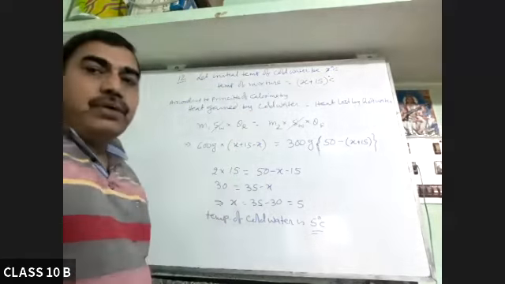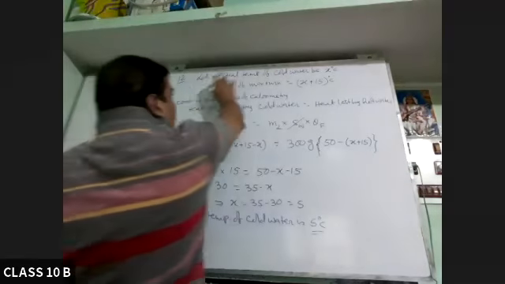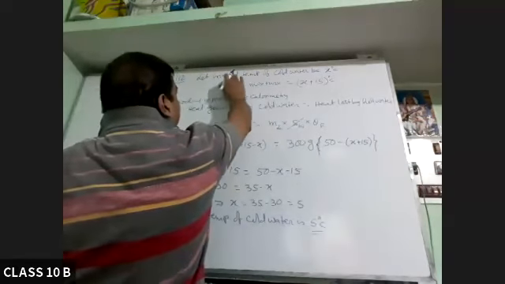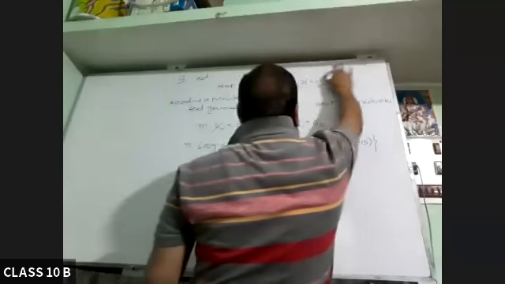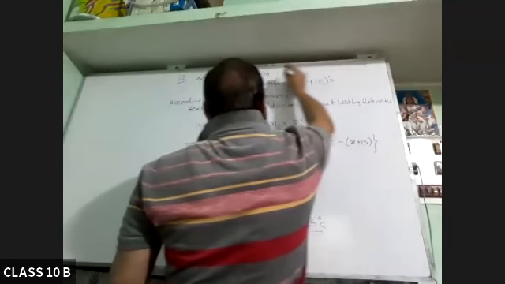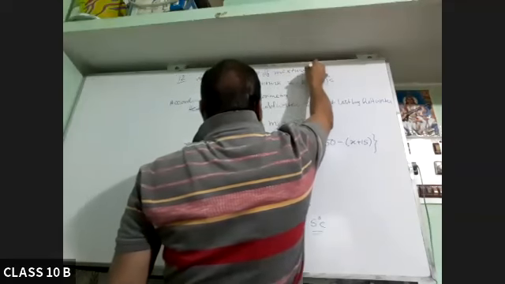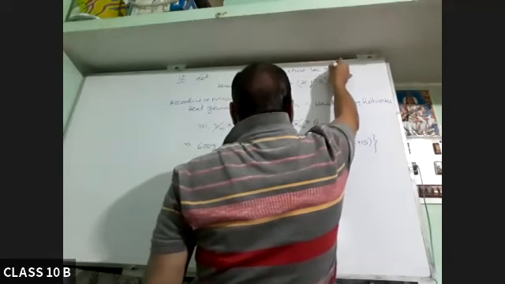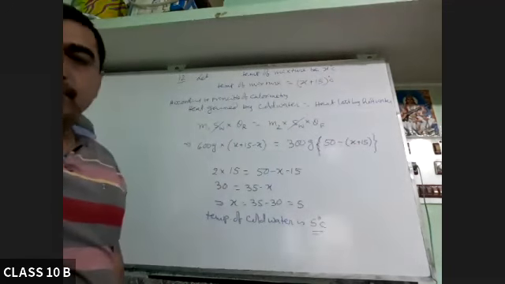Now there is some other way also. Suppose in place of this, someone takes the temperature of the mixture as x degrees Celsius, not the cold water. Then what will be?